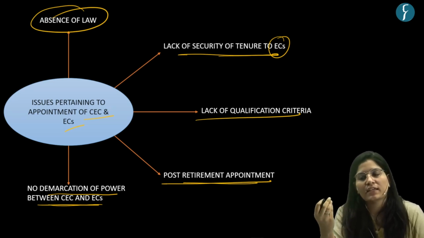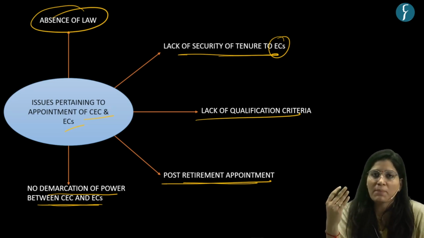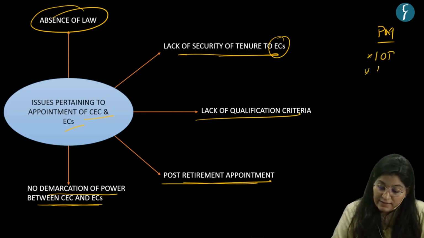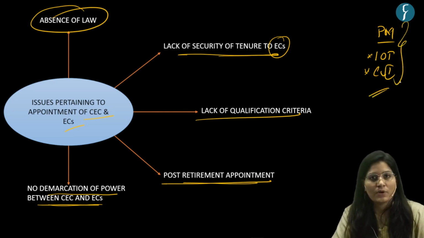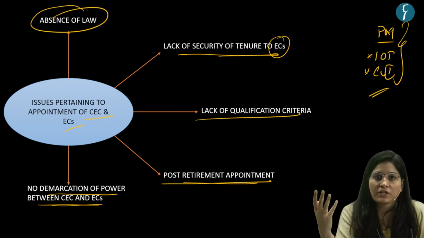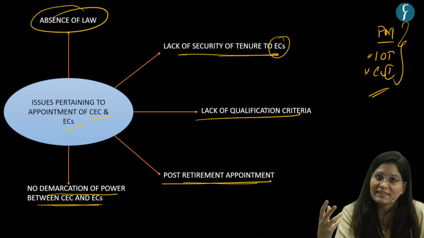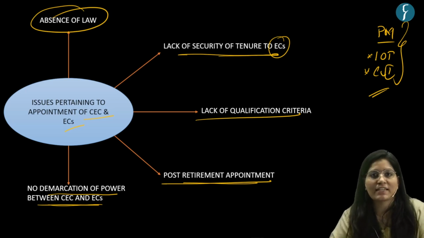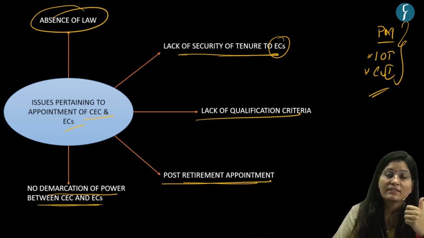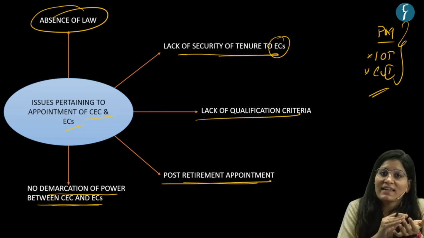In that directive, they provided a selection committee, composed of the Prime Minister as the chairperson, then the leader of opposition, then the CJI. These are the three members of that selection committee. And in that directive, the Supreme Court put a request in front of the government that you should come up with a bill. Till then, this committee will function, and this committee will recommend the CEC and election commissioners.